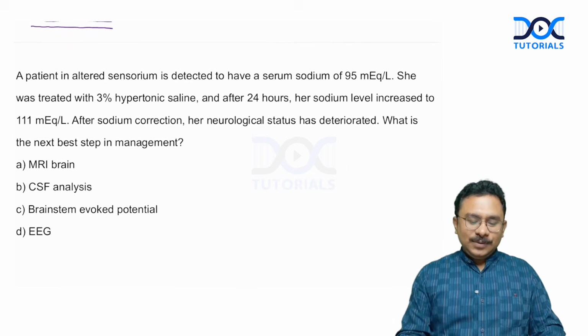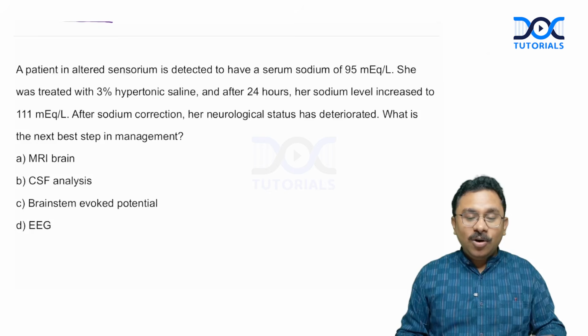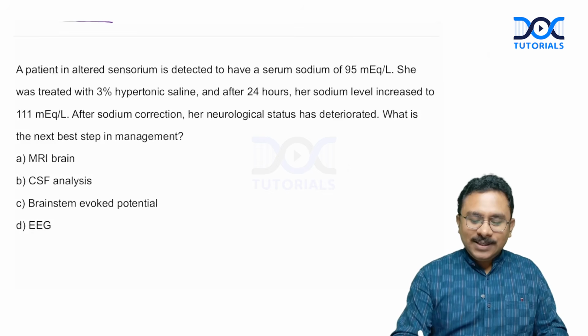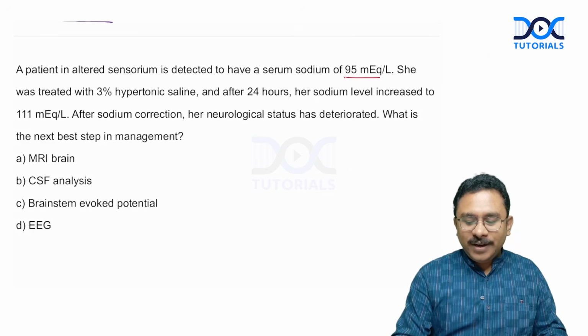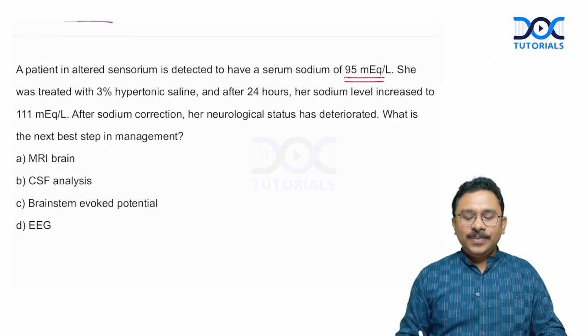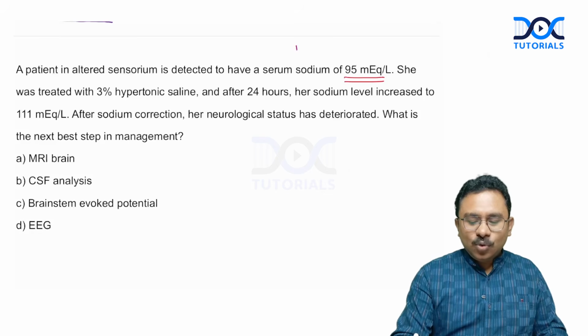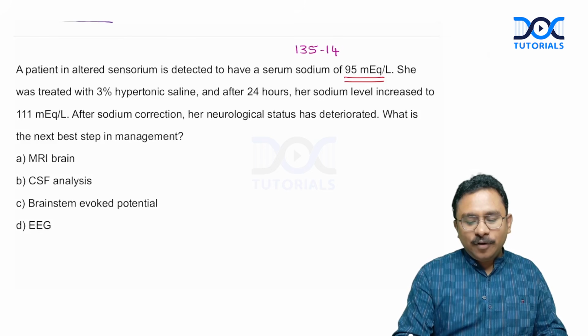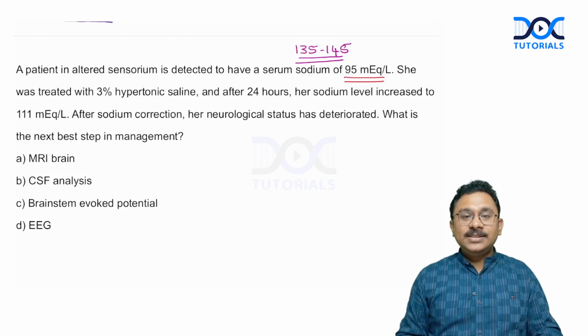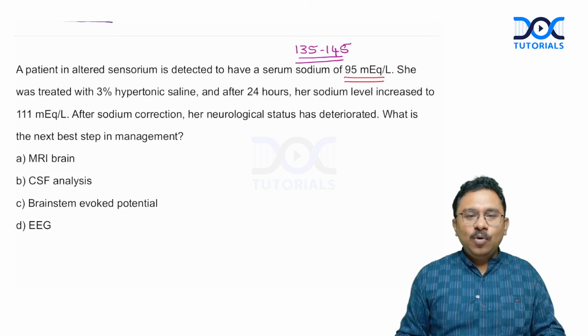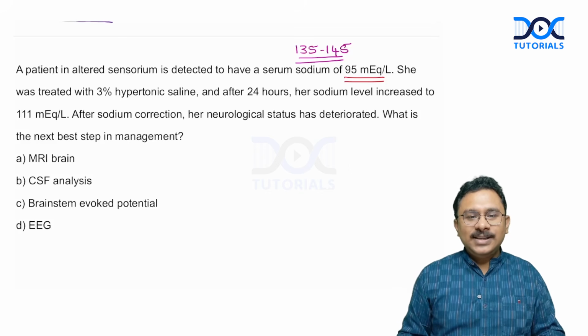All right. So a patient in altered sensorium is detected to have a serum sodium of 95 milliequivalents per liter. We know that the normal sodium levels are in the range of 135 to 145 milliequivalents per liter, and hence this patient has severe hyponatremia, and probably that has contributed to the altered sensorium.